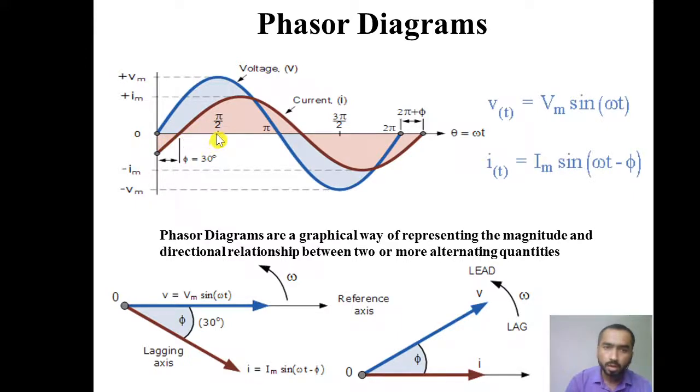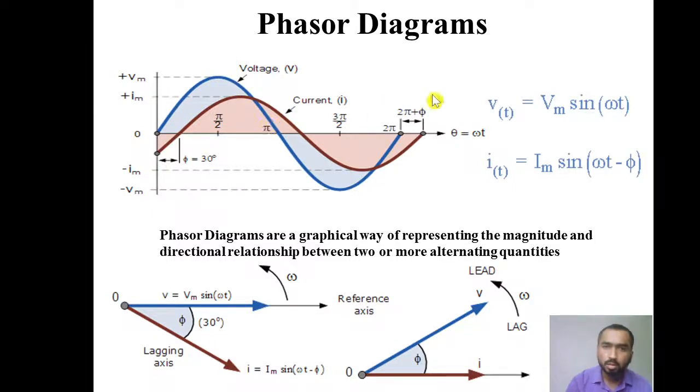If we check the voltage at this point, then we get Vm. And if we check the voltage at this point, then the voltage is 0. Means this voltage depends on time. This is the time axis, and according to time this voltage changes.